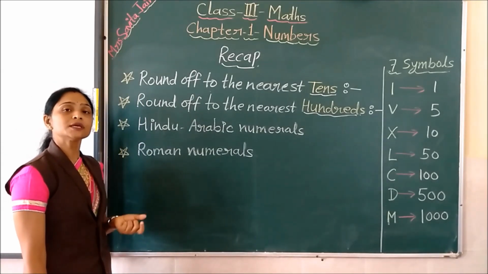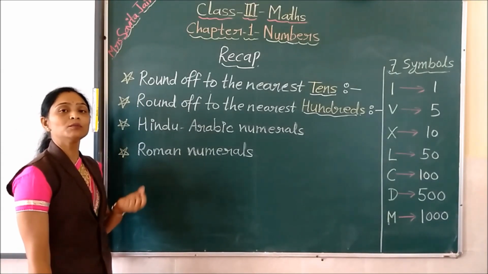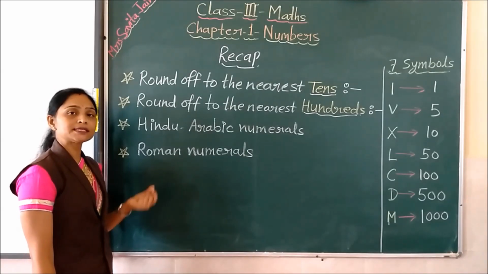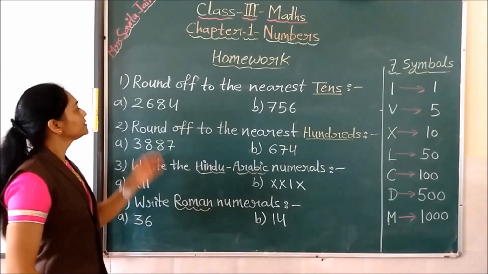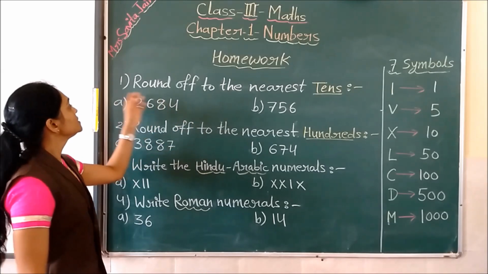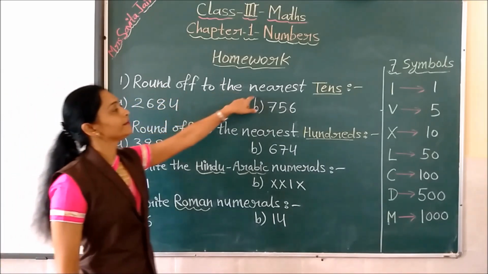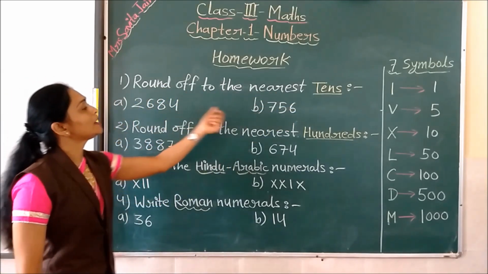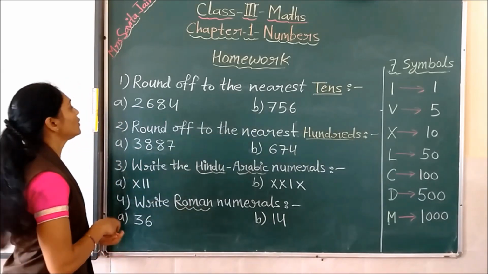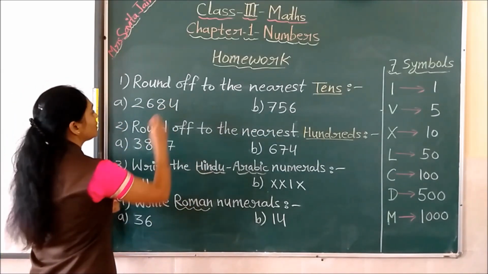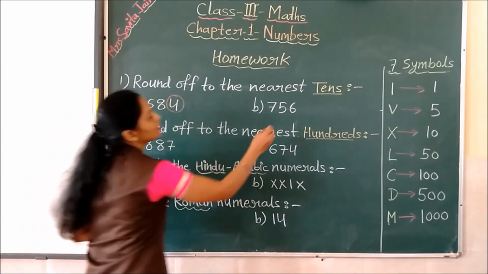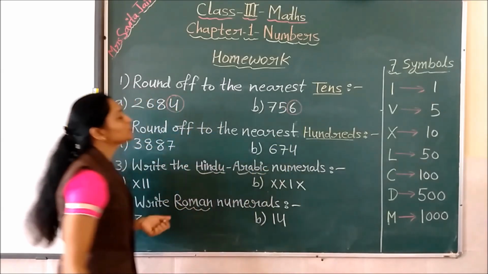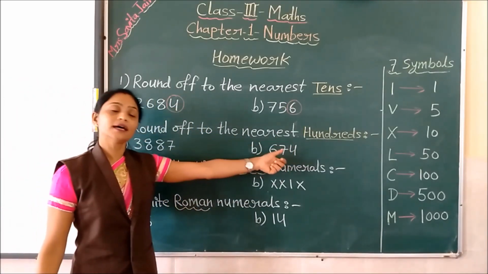Now I am going to give you some homework. So you solve in your homework copy and keep practicing. So children, this is the homework. You just see, round off to the nearest tens. These two numbers you have to round off to the nearest tens. For that you will see this ones place digit in both the numbers. Then you have to round off to the nearest hundreds.